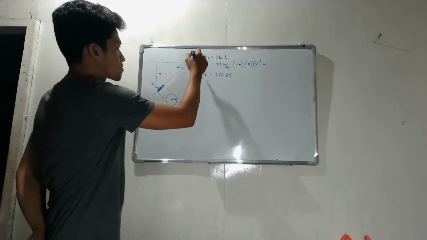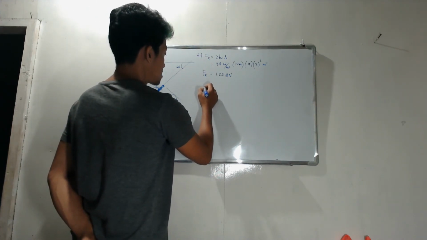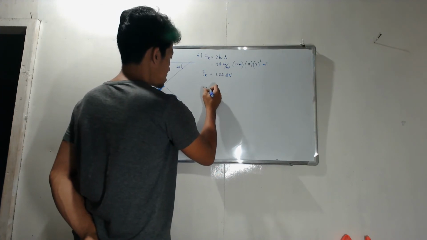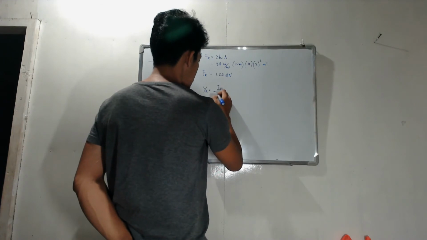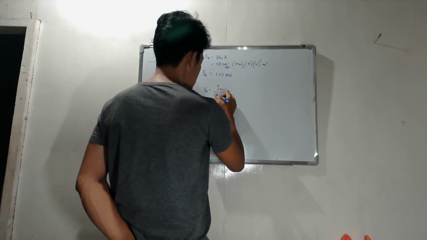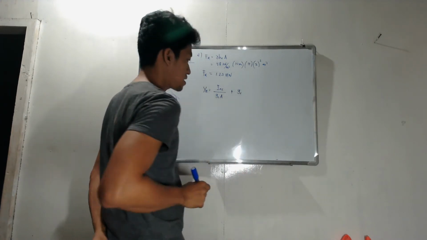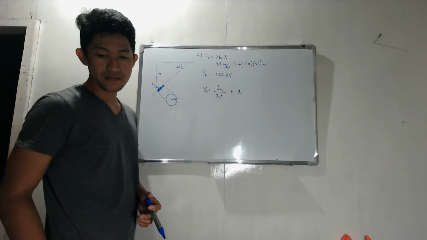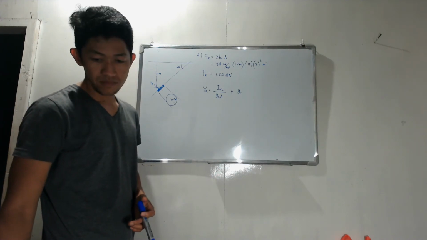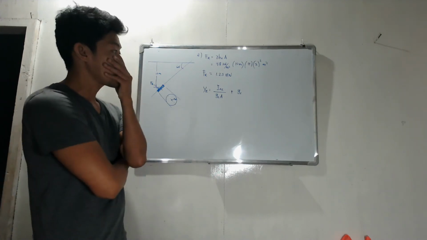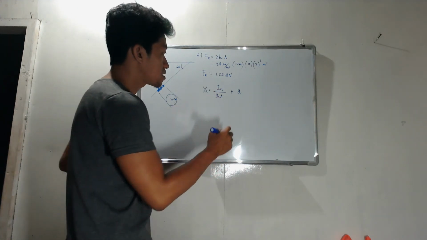Next, location. The location is just y sub r equals I sub xC over y sub C times A, plus y sub C. As I've said, this is in the table.